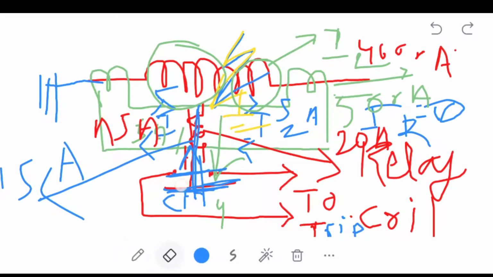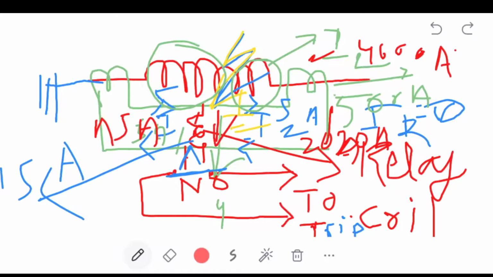Under normal operating conditions it is NO, normally open. Whenever a fault occurs due to 4000 amperes, 20 amperes will flow in CT2, and with the remaining 5 amperes, 15 amperes will flow through the relay coil.